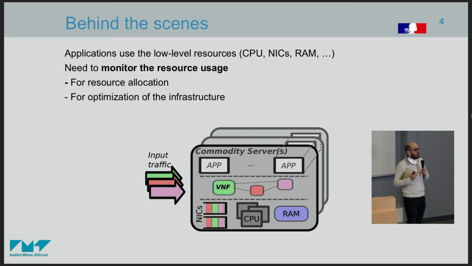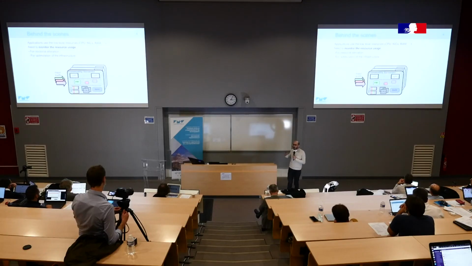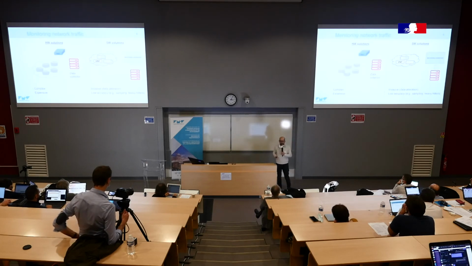Now, it is important to understand that we still need to access the data, both for monitoring what is happening in the network and to perform some advanced calculations for resource allocation, for optimizing the infrastructure. And here is where the problems arise.